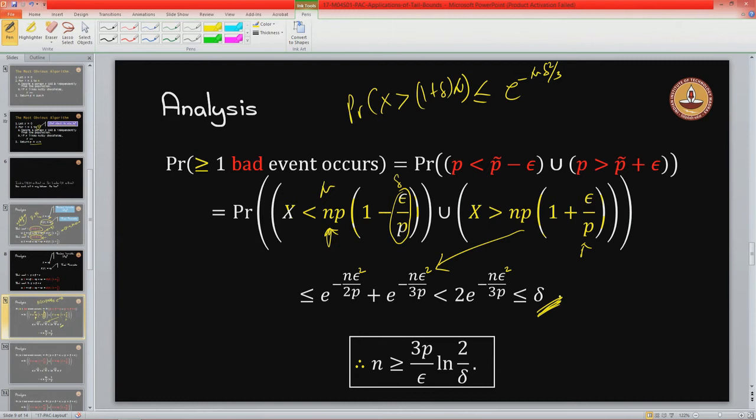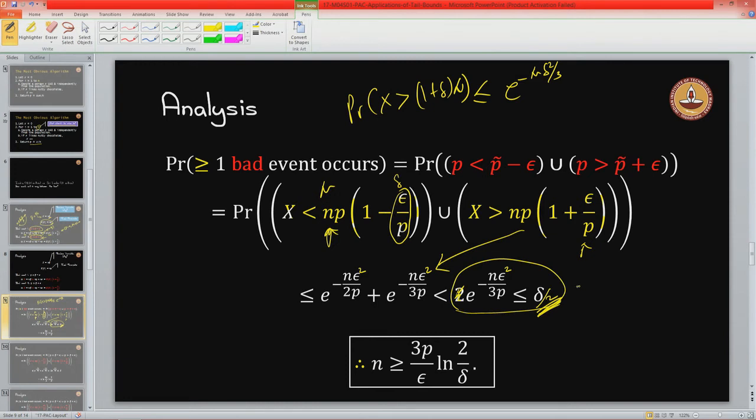Okay. So now let's try to work with this inequality. Here, if you take the log on both sides, first let's take the 2 to the other side. It's delta by 2. Okay. And then let's also do one more thing to get rid of the negation.